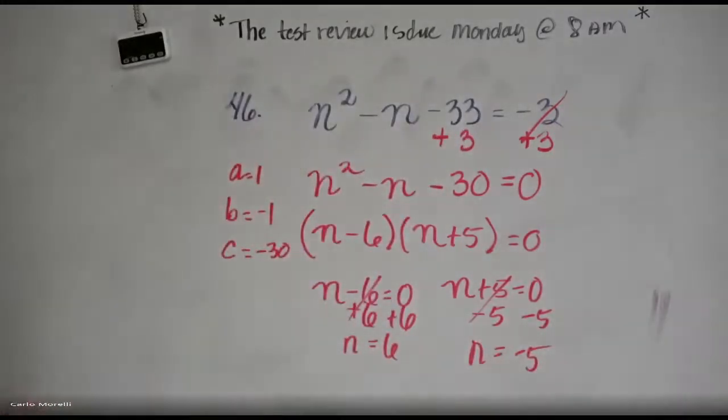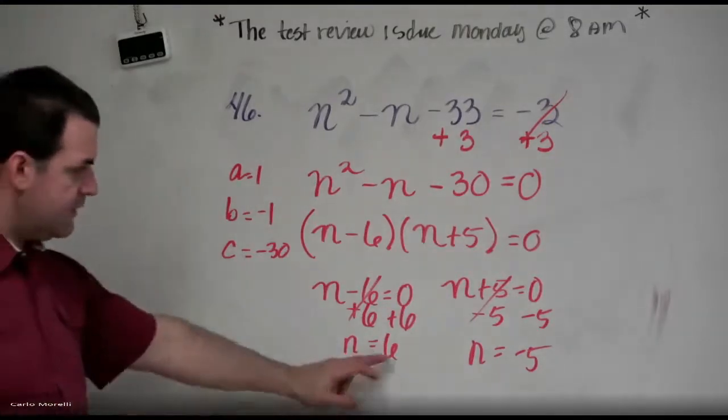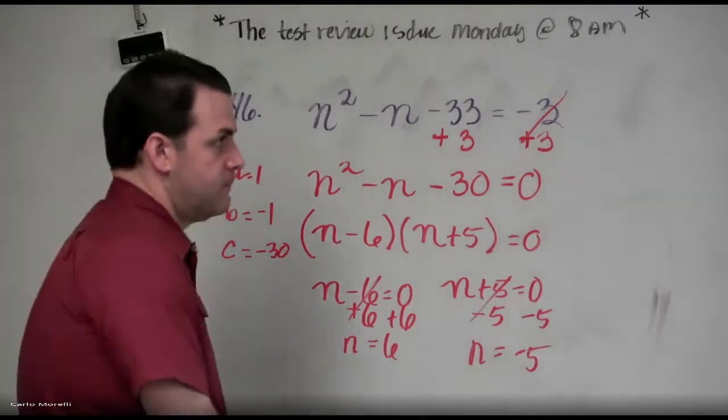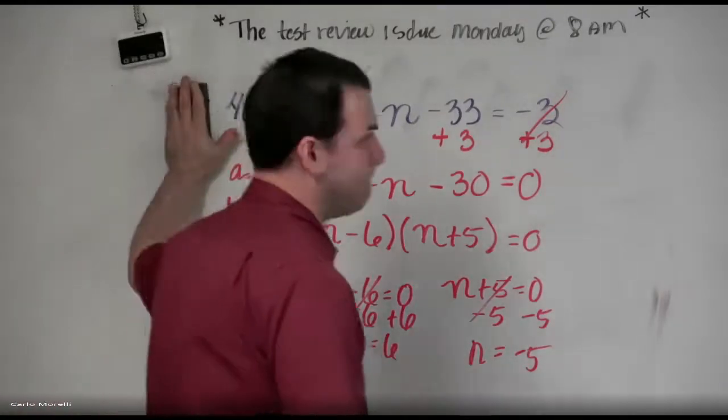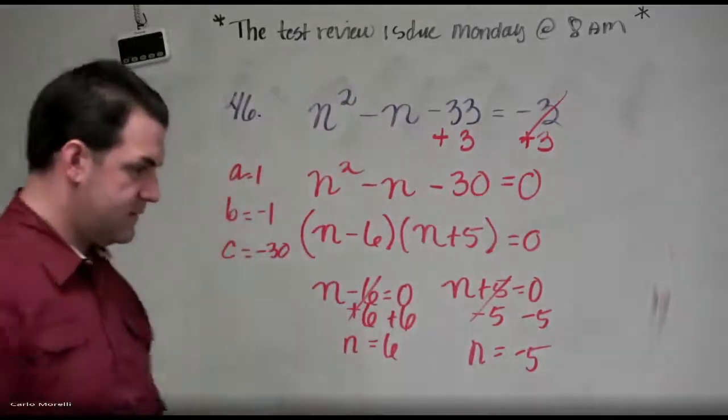Okay, there it is. 6 and negative 5. Wait, is it 6 or negative 5? Yeah, positive 6 and negative 5.